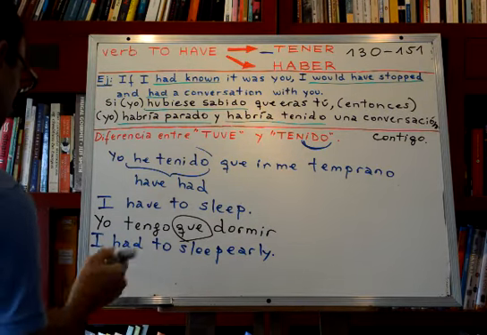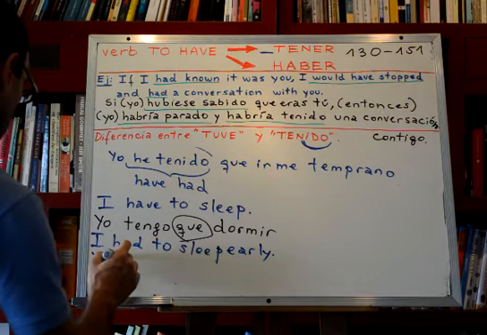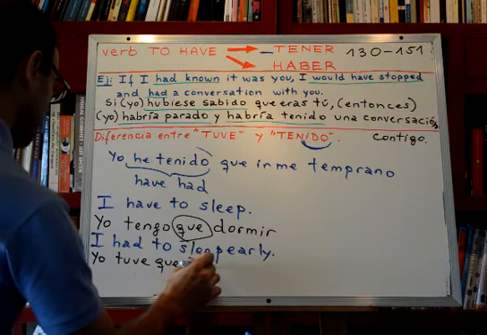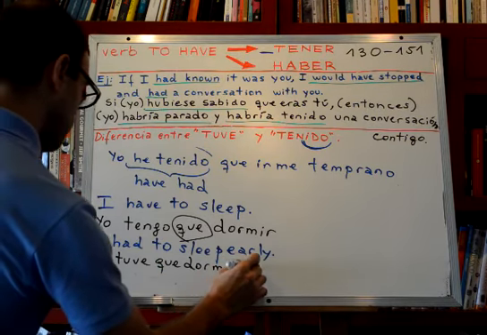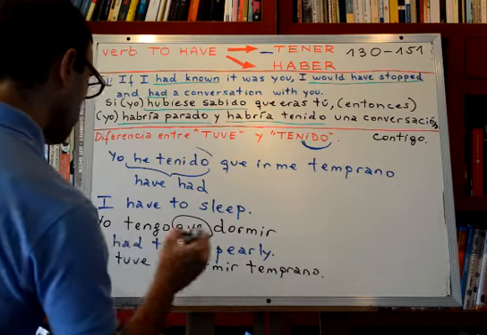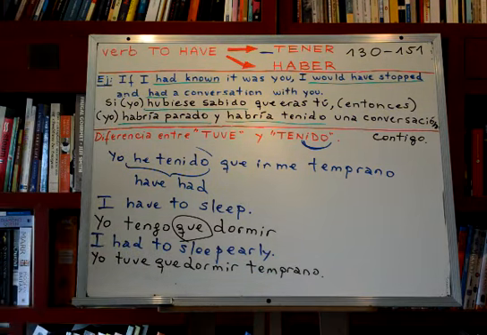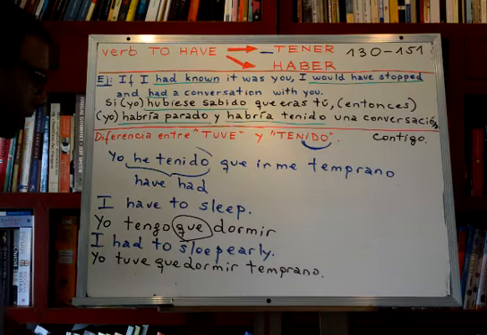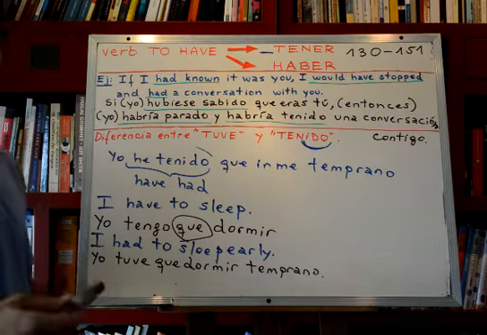I had to sleep early, okay? We say in Spanish, yo tuve que dormir temprano, okay? Temprano means early. Yo tuve que dormir temprano. I had to sleep early, or I have had to sleep early.